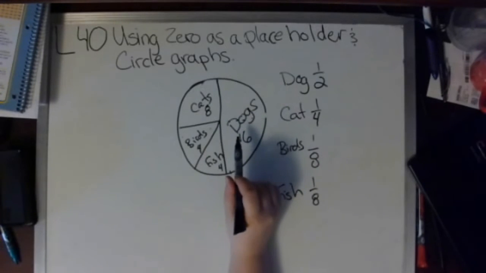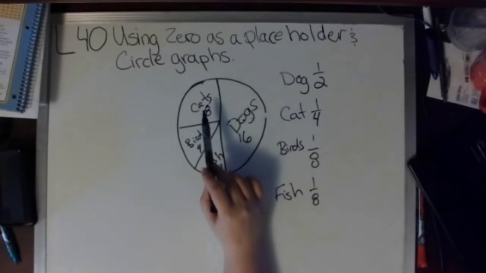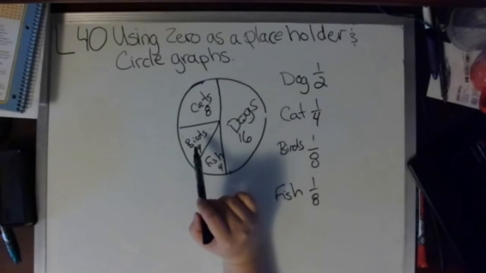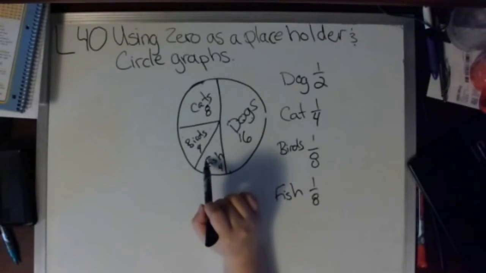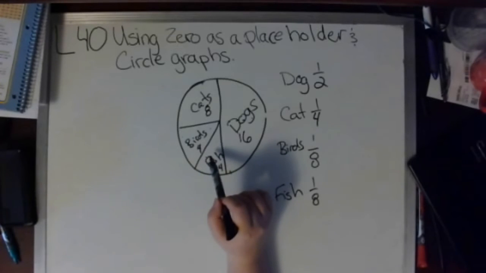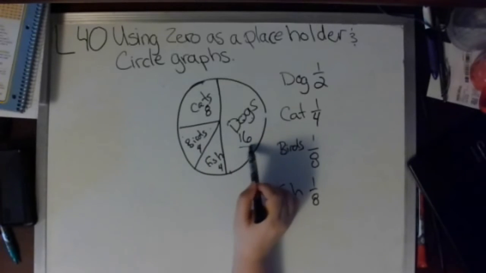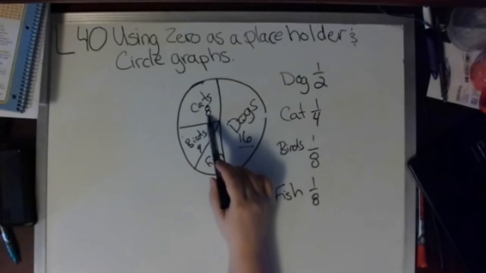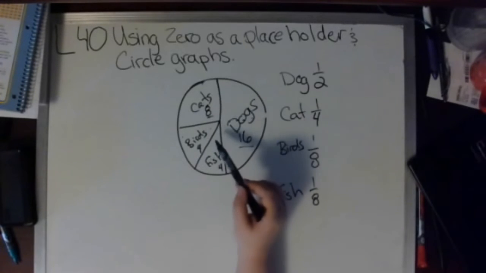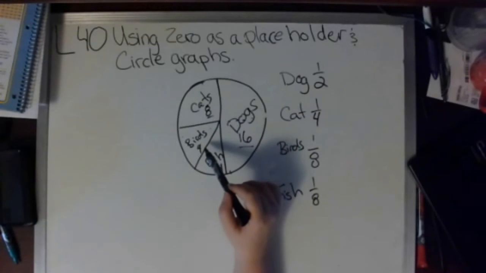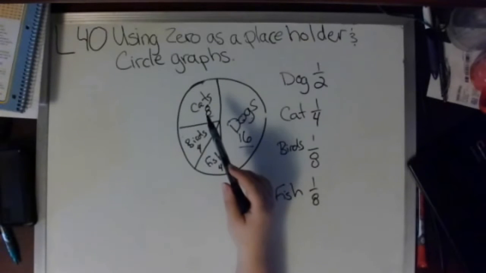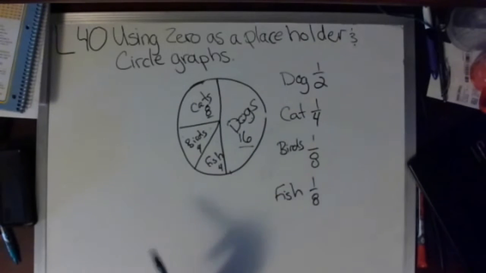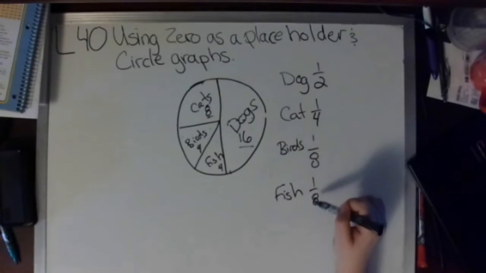Half of 16 is 8. Half of 8 is 4. You need 2 4s to make an 8, which tells me that these are eighths and not quarters, or tenths, or fifths, or whatever else. You can tell those by the numbers. A quarter is half of a half. Eighths are half of a quarter. So these are all of our fractions.